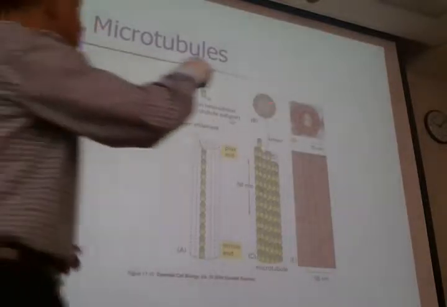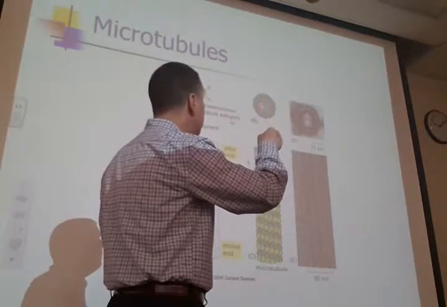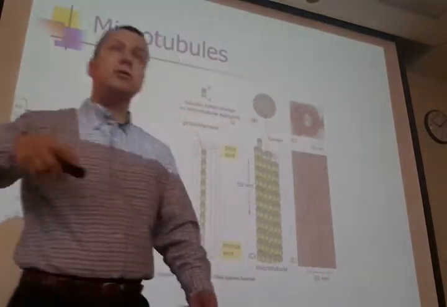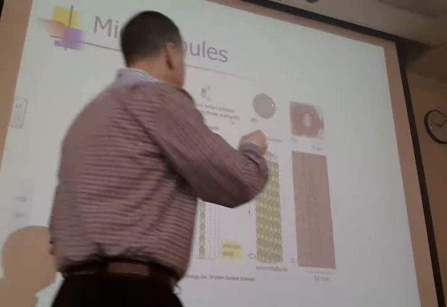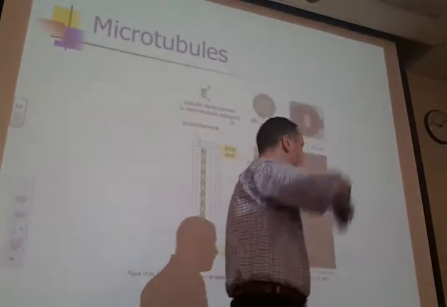So these are very long but hollow structures, cylinders basically, tubes. So there seemingly is nothing inside them, so these are just hollow, really long tubes or cylinders.